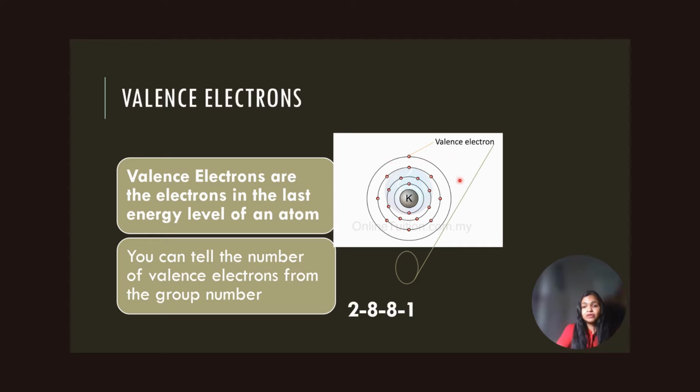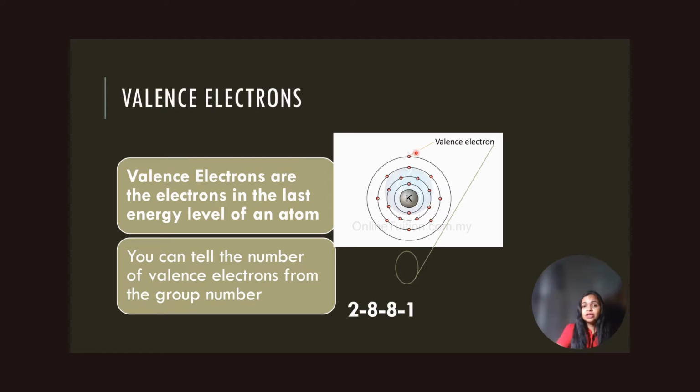Two things are very important when using Niels Bohr's model: we need to know the maximum capacity of each energy level. The first energy level holds only up to 2 electrons, then 8, then 8, and the last 1 electron goes in the outermost shell.